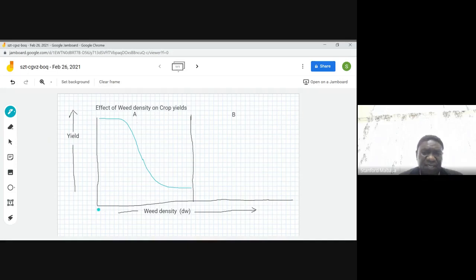If we increase weed density, you get a sort of an S-shaped graph, which is almost slanted. This kind of graph, we call a sigmoid curve.